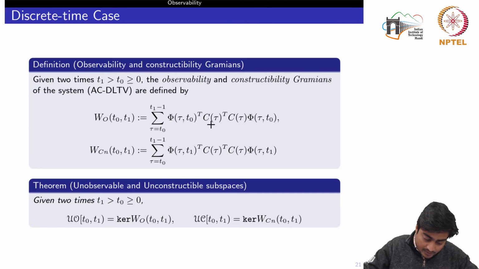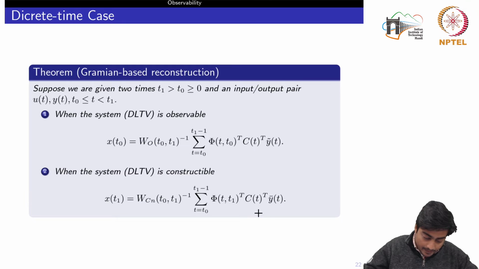So this is the observability Gramian, and this is the controllability Gramian, and the key results which characterize these subspaces in terms of the Gramian remain the same. Also the derivation remains the same, so we won't go into the derivation of these results.